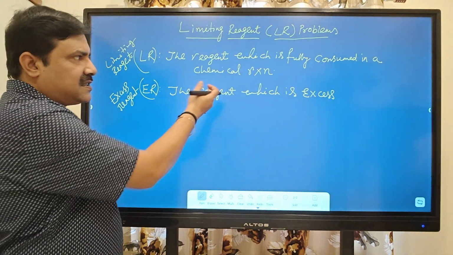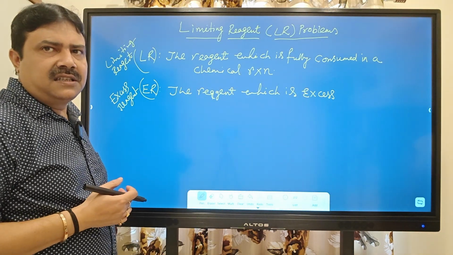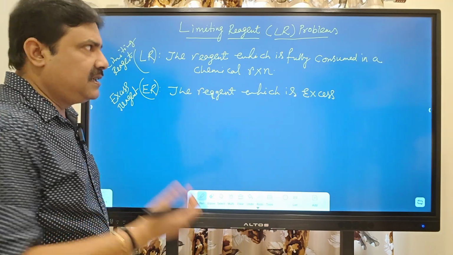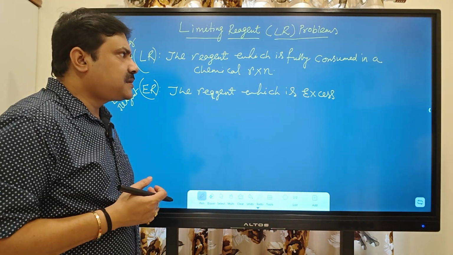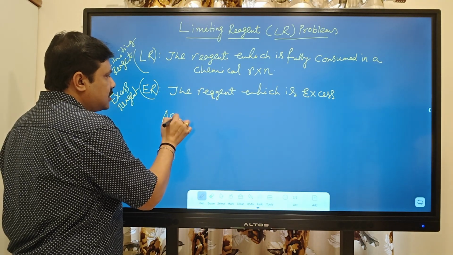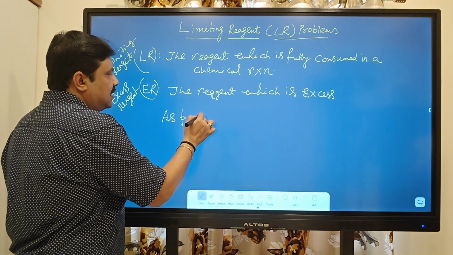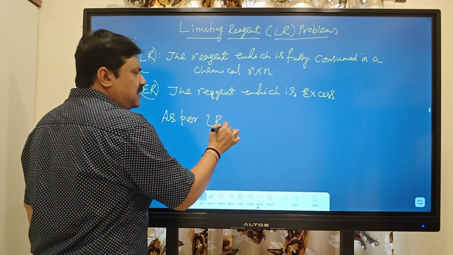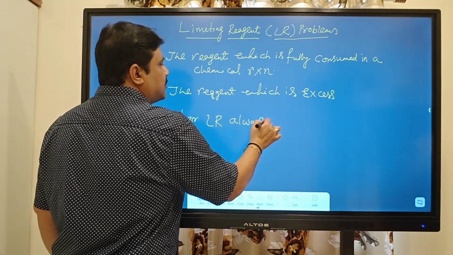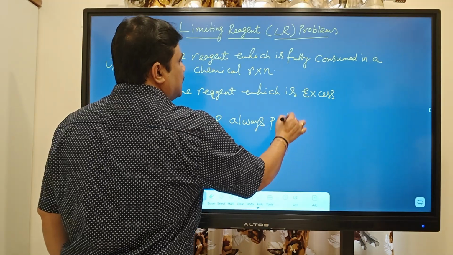The reagent which is fully consumed is the limiting reagent. Another point to always remember: as per the limiting reagent, as per LR, the product is always formed.